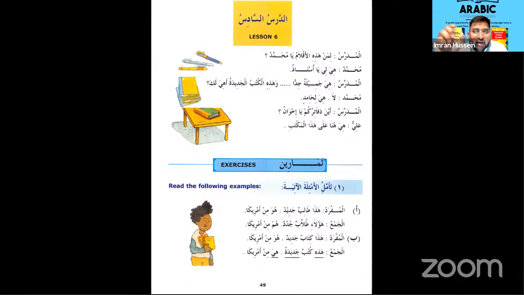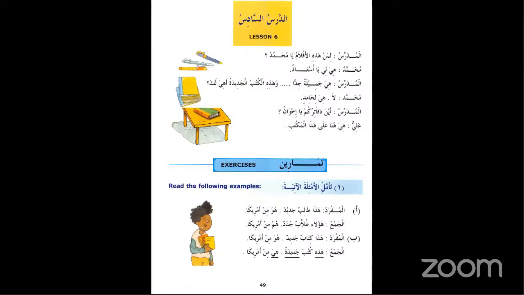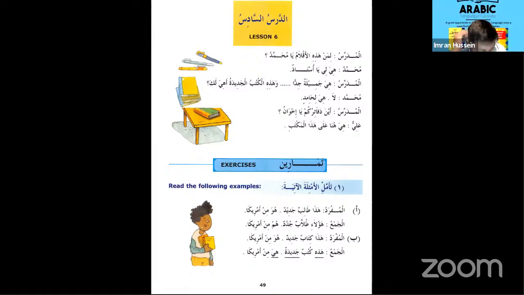So when we want to use hadhihi or tilka, or bring an adjective, it will be treated as a singular feminine. Is that clear now? Yeah. But what's the reason behind it? Allahu A'lam. That's how the Arabs speak.